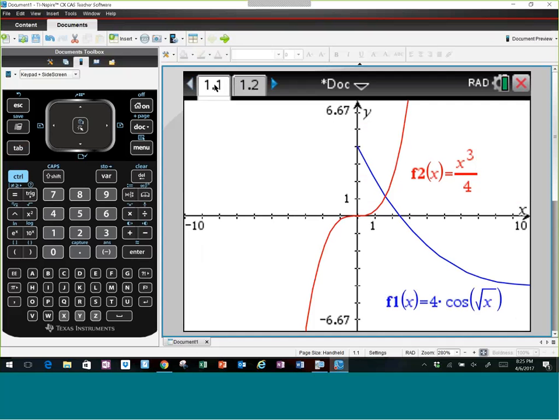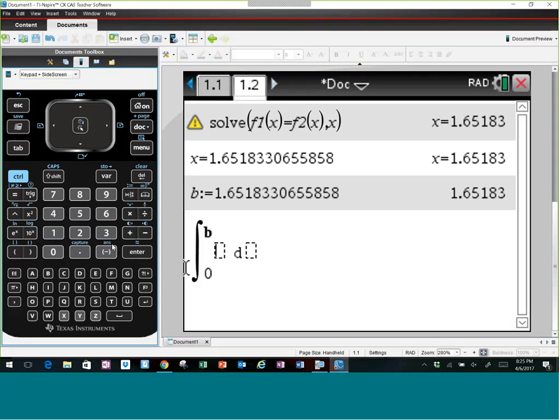Let's see, okay, it looks like between 0 and that intersection point, the blue curve's above the red curve, so we'll do F1 of X minus F2 of X. And then we'll be integrating with respect to X. And there we go. There we've got our calculated value.